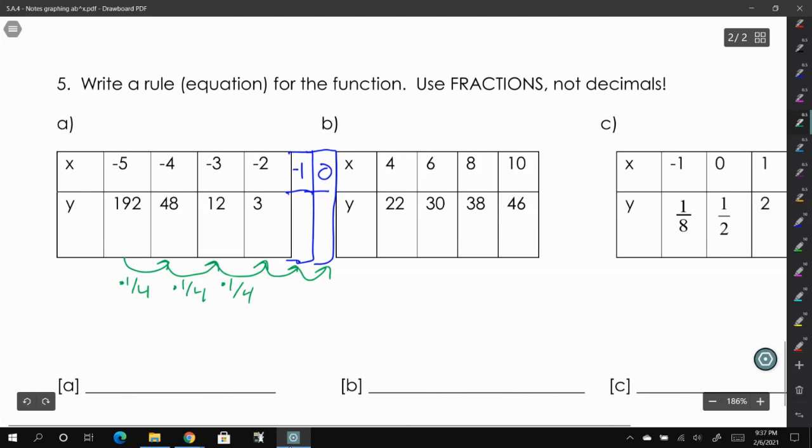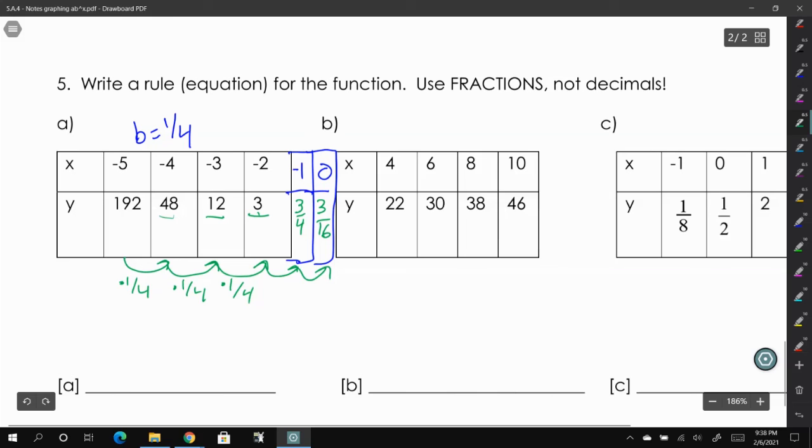Because you get 192 times 1/4 gives you 48. 48 times 1/4 gives you 12. 12 times 1/4 gives you 3. 3 times 1/4 gives you 3 over 4. And 3 over 4 times 1/4 gives you 3 over 16. So the b value is 1/4 because that's what we multiplied by.